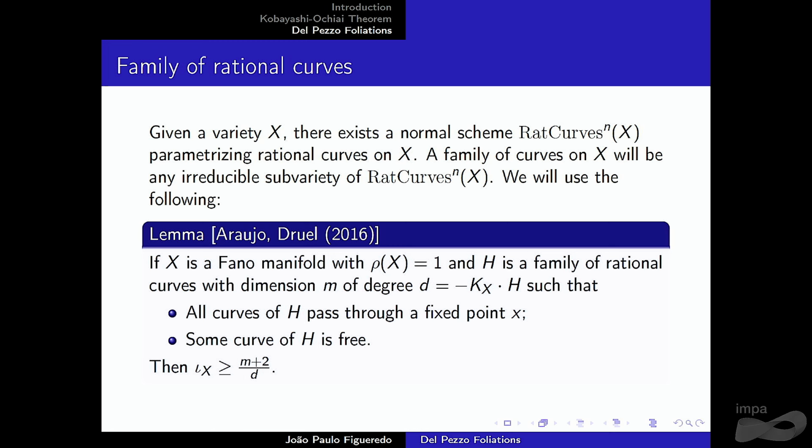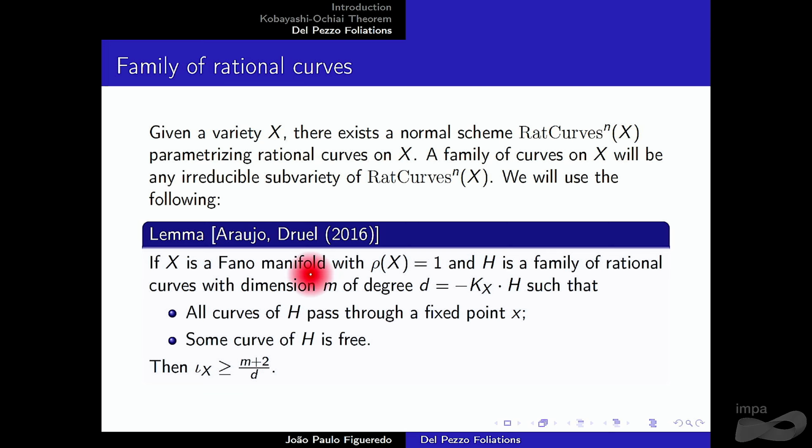So how do we do this? We consider families of rational curves. Given a variety, we can consider the normal scheme parameterizing rational curves on X. A family of curves will be an irreducible subvariety of this normal scheme. And we have this lemma.